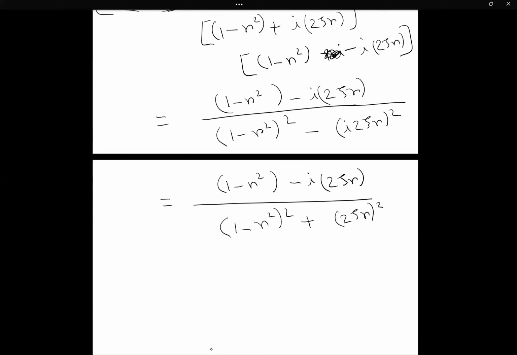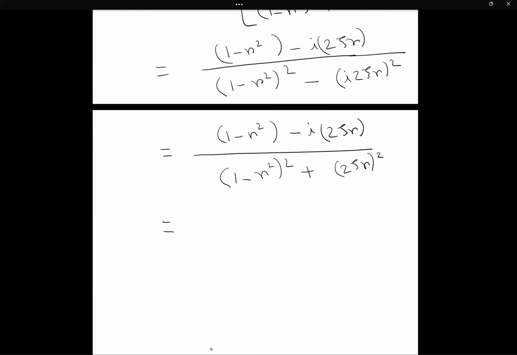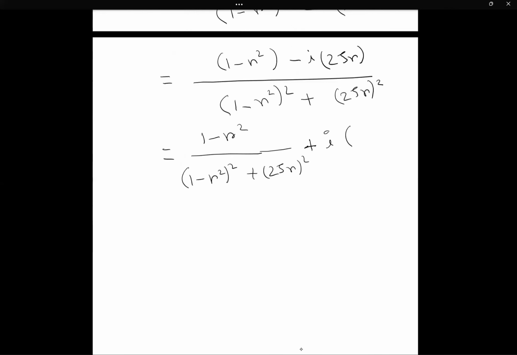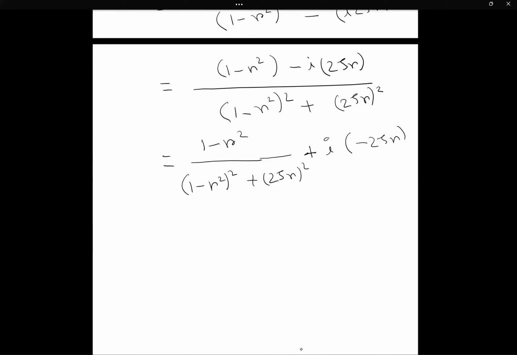Now, if we just separate the real and the imaginary part, we can write it as 1 minus r square divided by (1 minus r square whole square plus 2 zeta r whole square), plus i times minus 2 zeta r divided by (1 minus r square whole square plus 2 zeta r whole square).